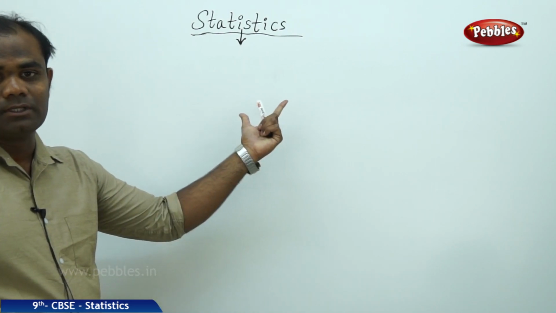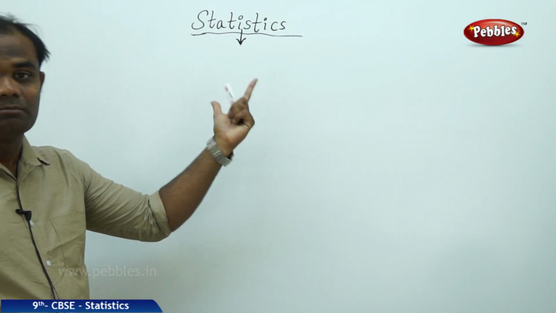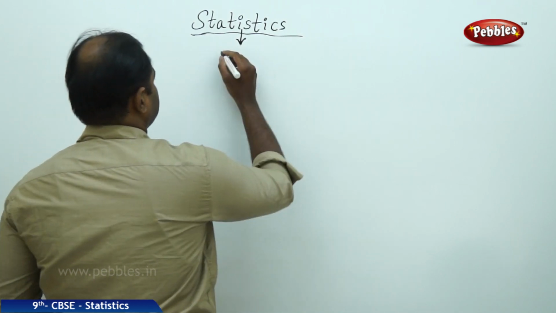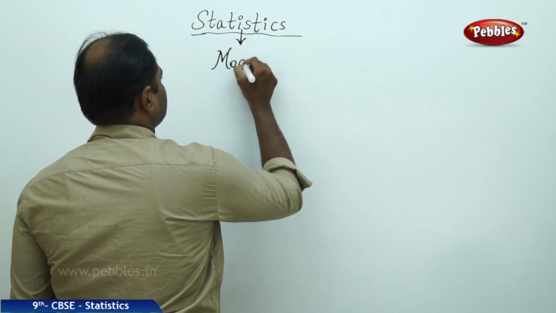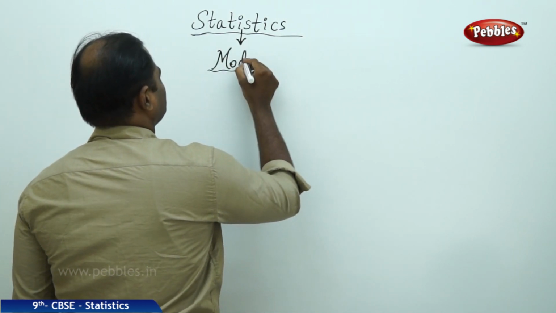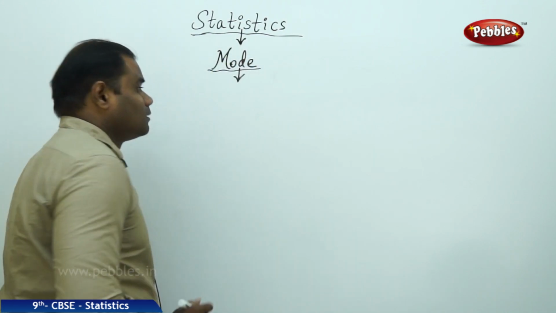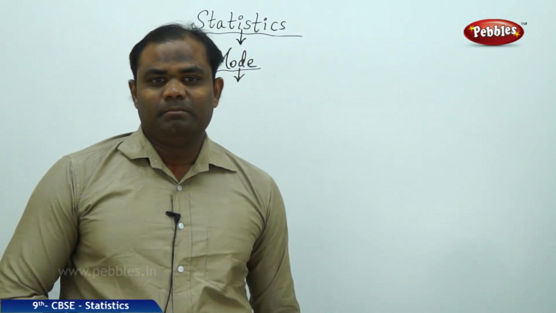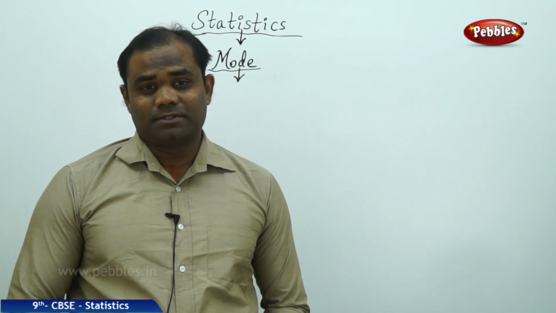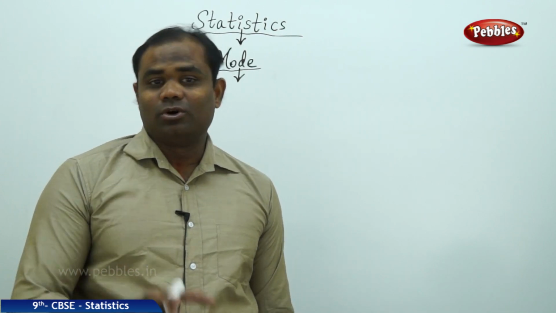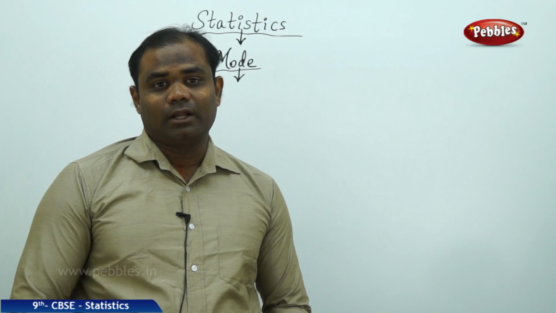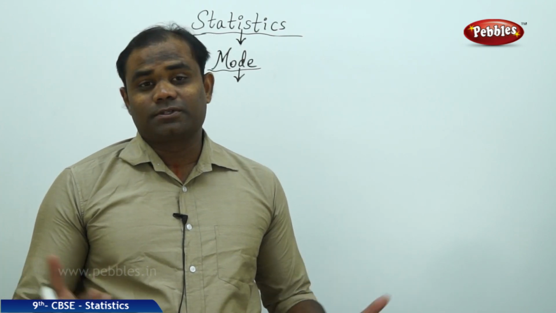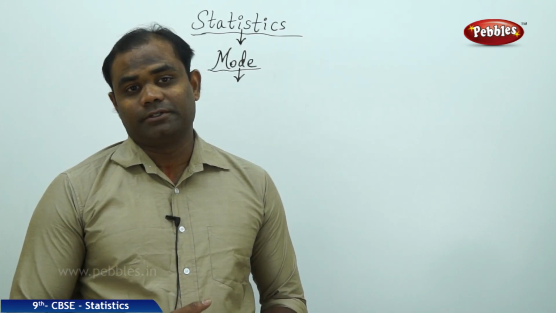Now the third and the last measure of central tendency is mode. This session is about the central tendency mode. Let's recap with mean. Mean is the average of all observations. Median is the middlemost observation, and mode is most frequently occurring observation.